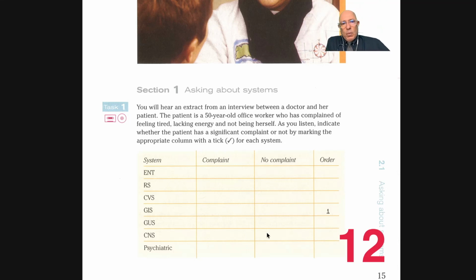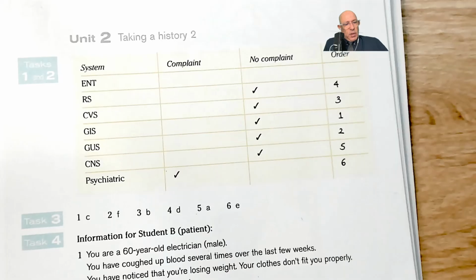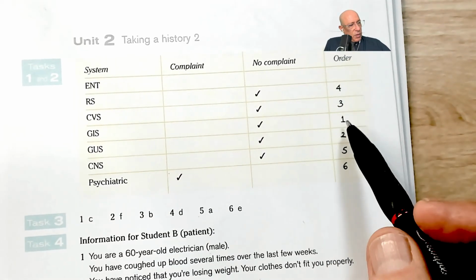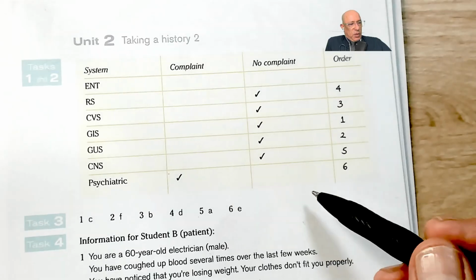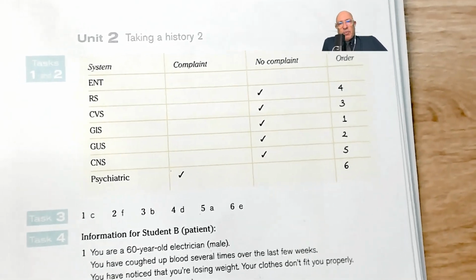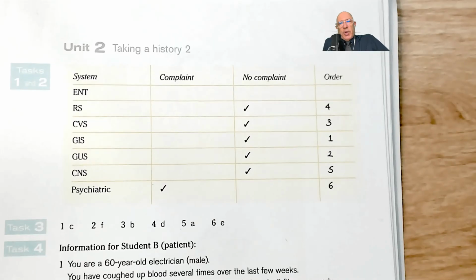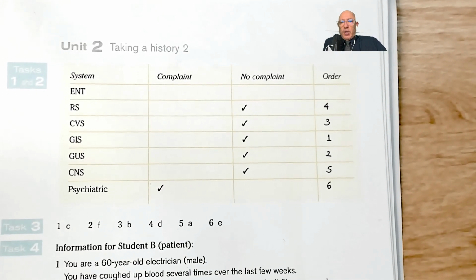Unit 2. Tasks 5 and 6. Alrighty. Without playing the tape again, I'll give you the answers. We went through these various systems from 1 through 6, and the only complaint that stands out is psychiatric. If you listen closely, you can feel the depression.